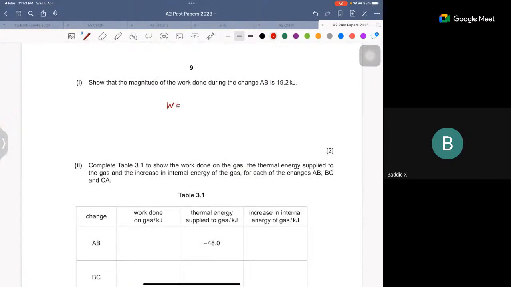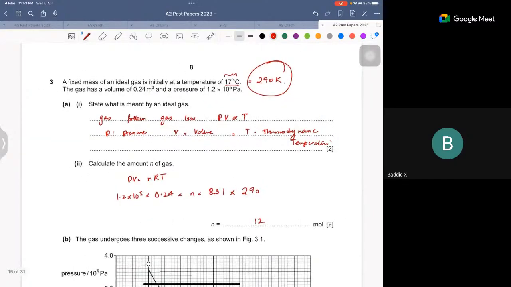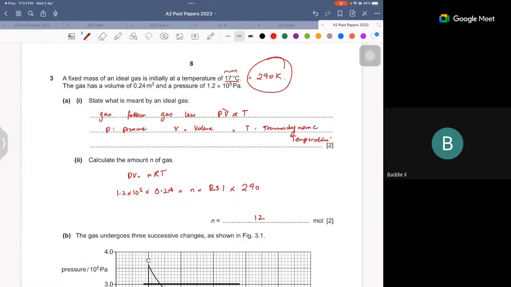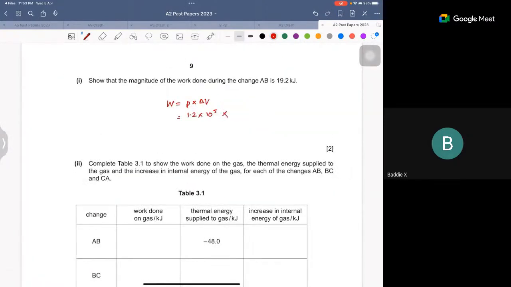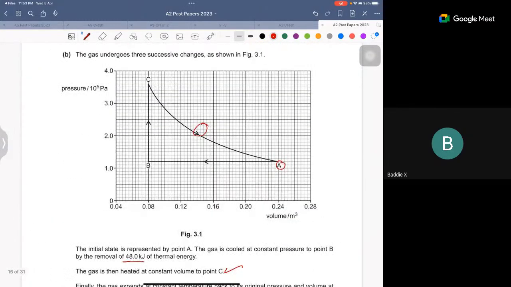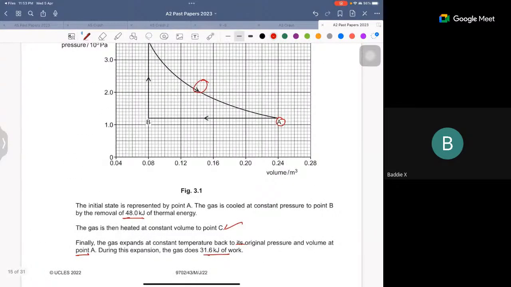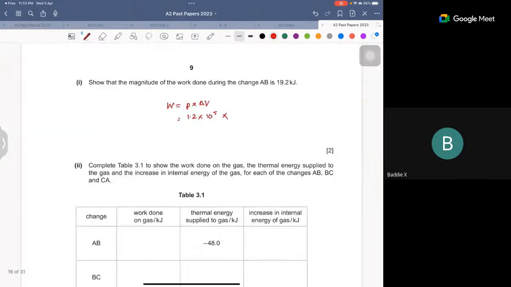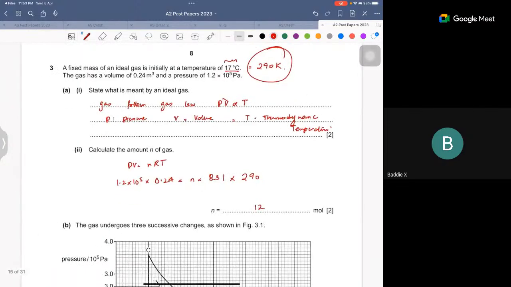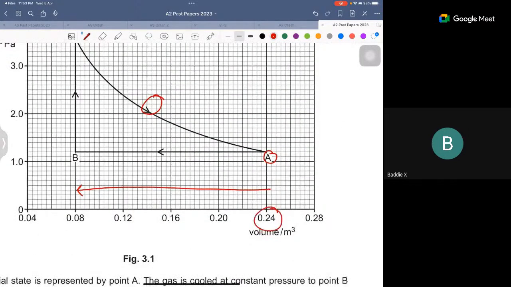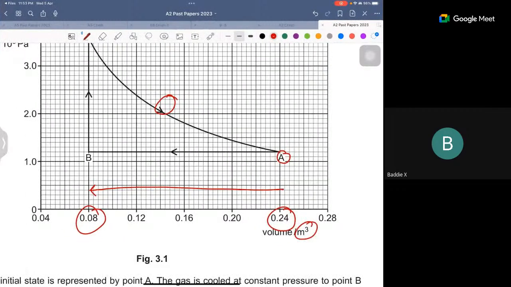So work done is basically pressure times change in volume. This formula should be very important. It was 1.2 times 10 raised to 5, I believe, and then the change in volume. We're going to read off from the graph that is given. Volume changed in section AB, and this section reads off 0.24 and 0.08. How cool is that? They've given it in meter cube, which is good.